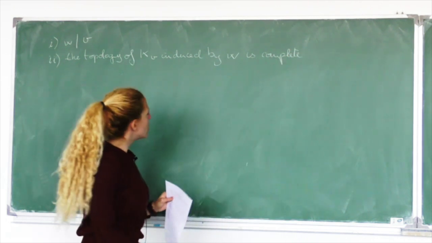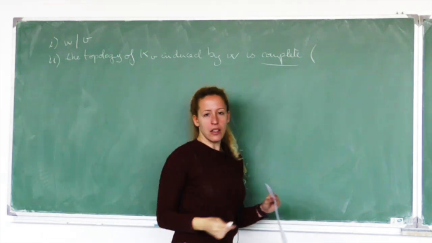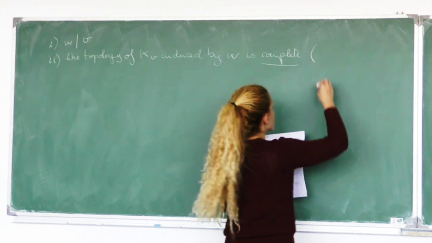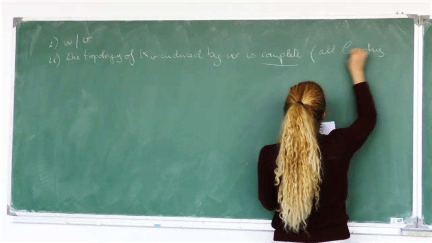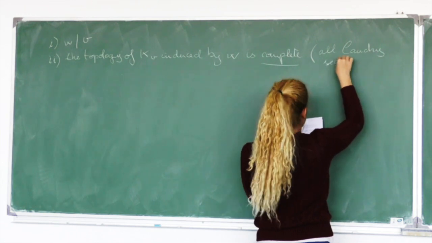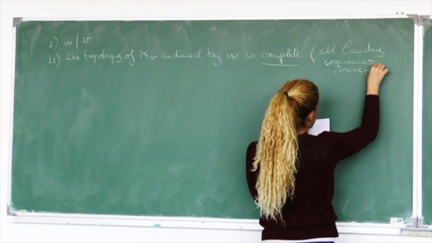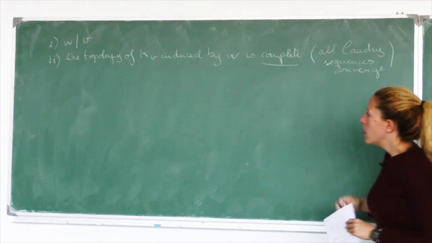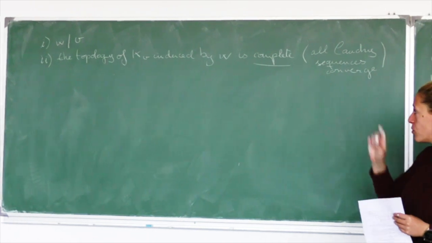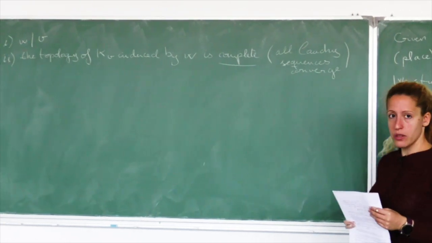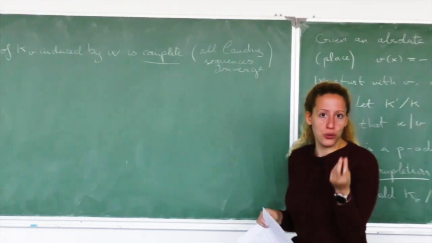I guess that you recall what complete is, but just in case, complete means that all Cauchy sequences converge. We have a topology in K hat V induced by this valuation, and this valuation gives you a distance between two elements.